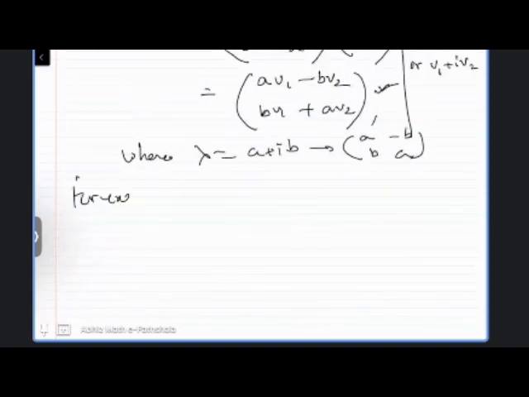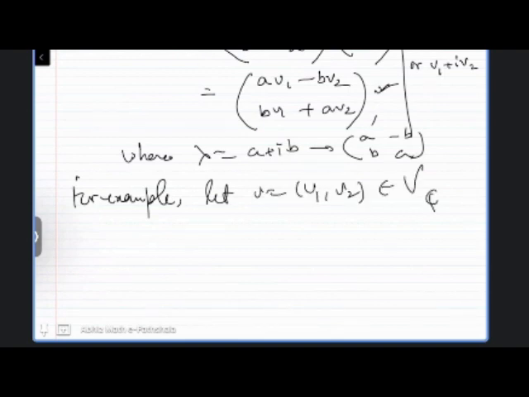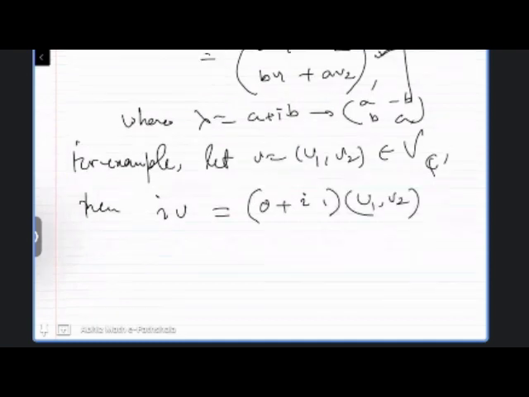So for example, suppose you want to multiply an element of V_C. Let v be v1, v2. Then what would be iv? So what is i? i is 0 plus i1, right? And v is v1, v2.